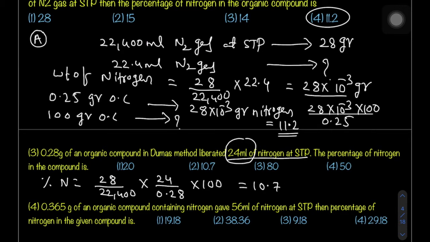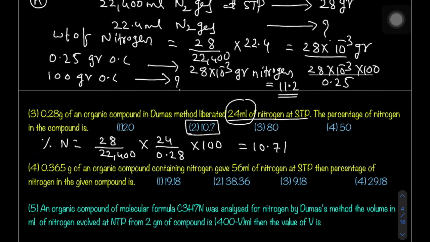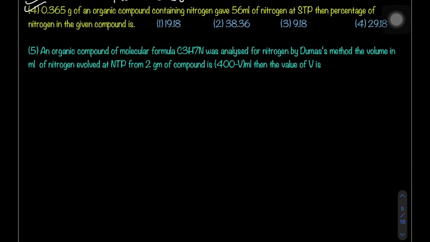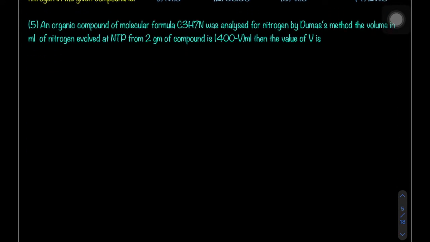Question number 3, so the answer will be 10.71%. So you have the answer 10.7, second option. You can practice the fourth sum. Now come to the fifth sum.